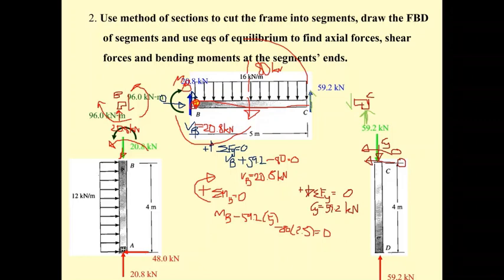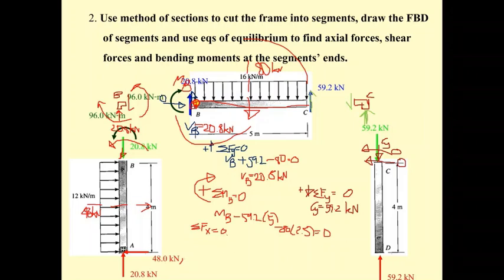If you do the summation, you may see the summation of the force in the vertical direction is equal to 0. And then if you do the summation of F sub x equal to 0, you may have this force, which, if you remember, is 48 kilonewton, going to balance by this force.